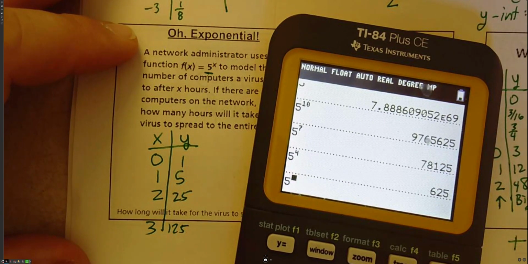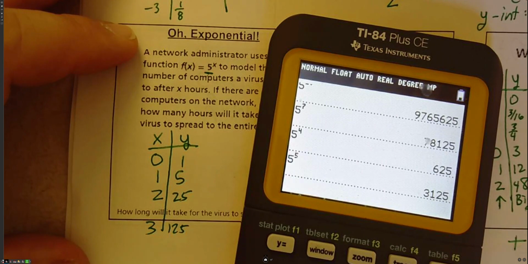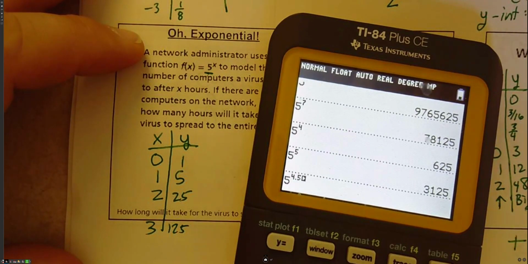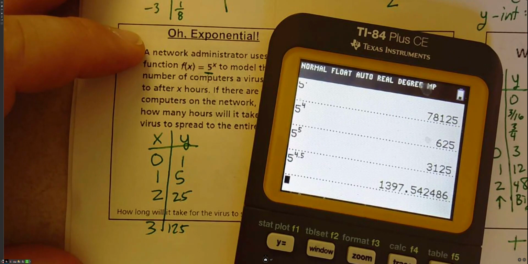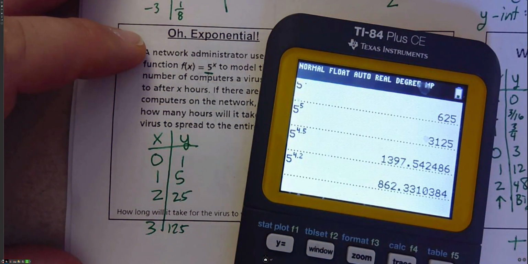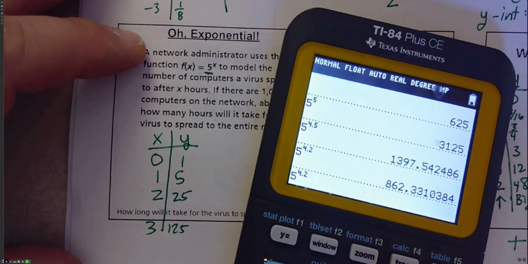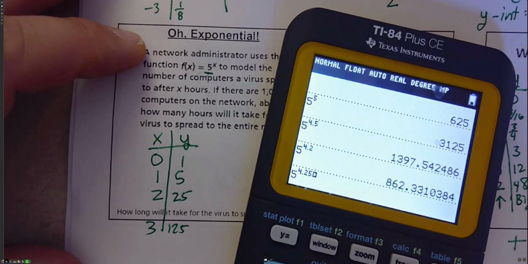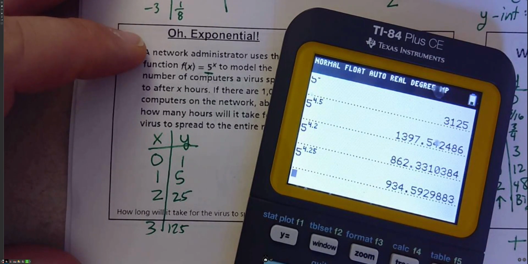What's the 5? 4.5. So, yeah, you want to do that? 5 to the 4.5. Wait, what are we trying to get to? 1,000. 4.25. Is this how we're supposed to do it? 4.3.